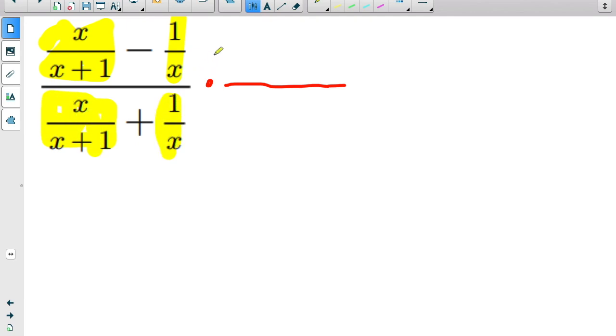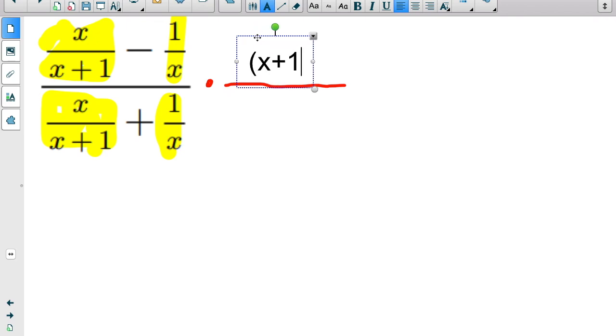So if I look at the ones on top, well, the x over x plus 1, if I multiply that by x plus 1, the x plus 1 and x plus 1 would simplify. Now if I multiply 1 over x by x, then it would simplify. So for the two on top, I need to multiply each one by x plus 1 and x.